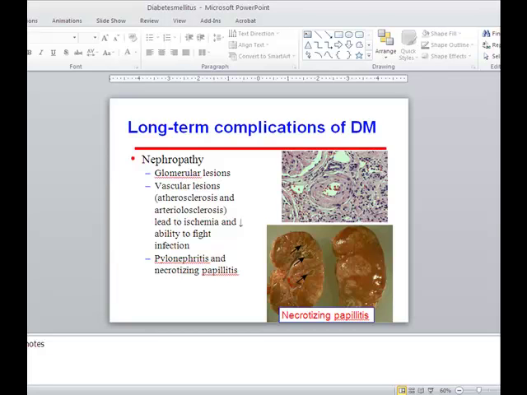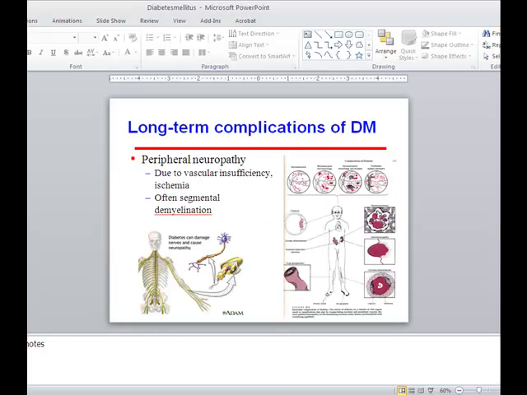And then these individuals have to go for, most of the time, dialysis in order to filter.